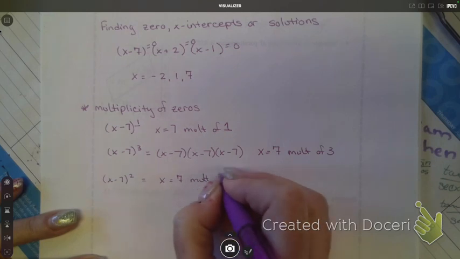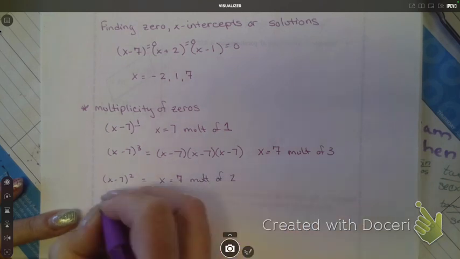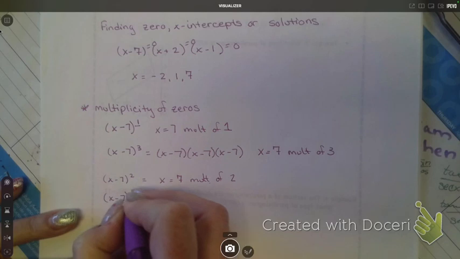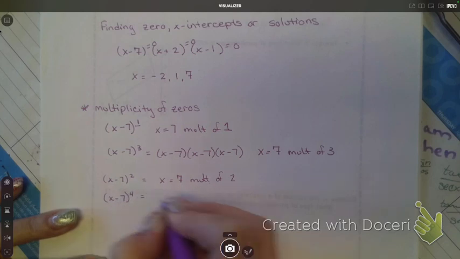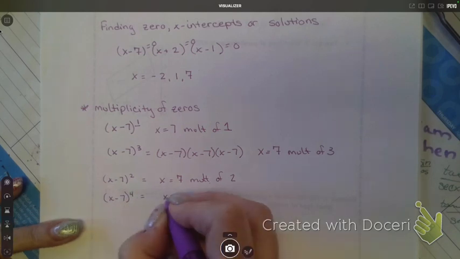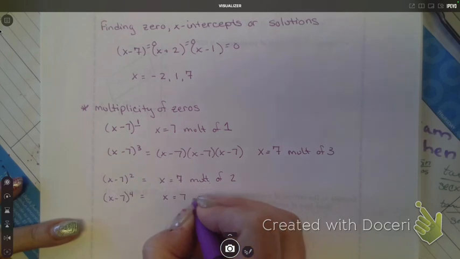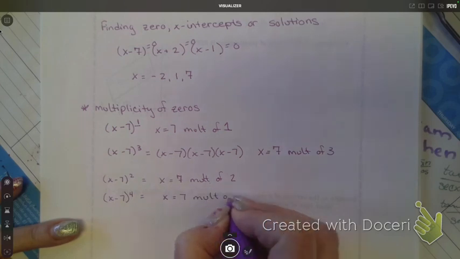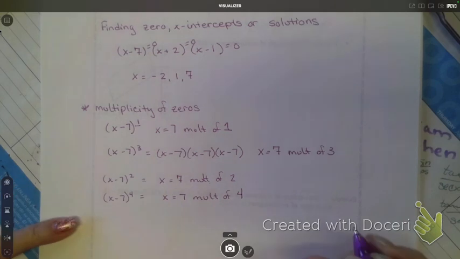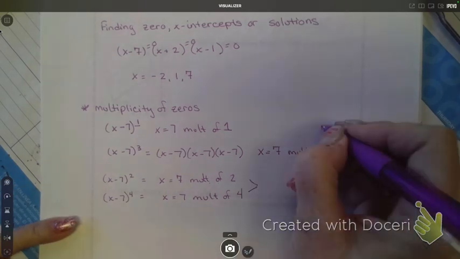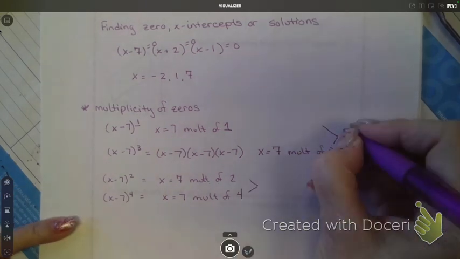Okay. What if I had x minus 7 to the fourth? Multiplicity of 4.